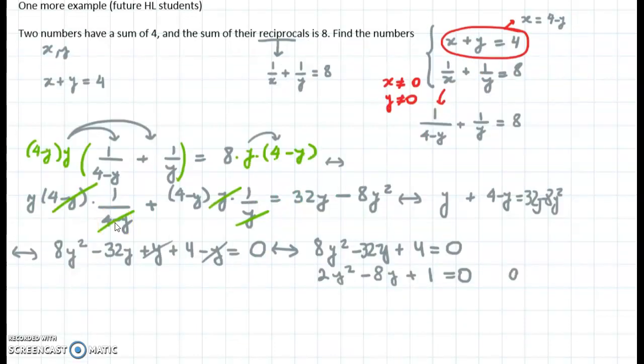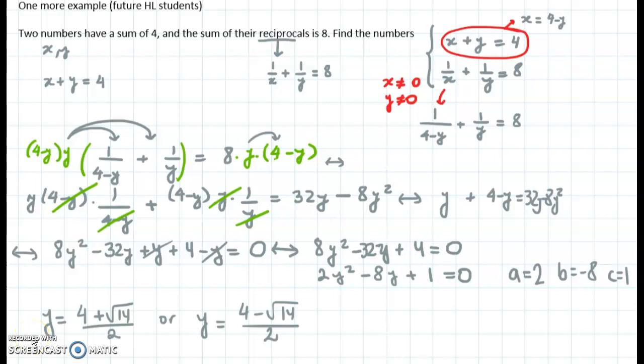So we apply the quadratic formula with a equals 2, b equals -8, and c equals 1. And I'm going to let you pause the video and do this on your own. I hope you agree with me that the possible values for y are 4 plus square root of 14 over 2 or 4 minus square root of 14 over 2.